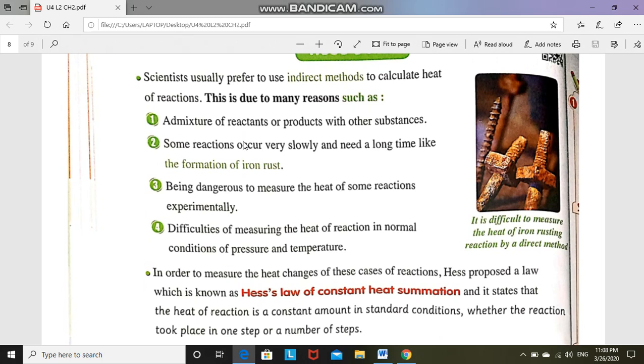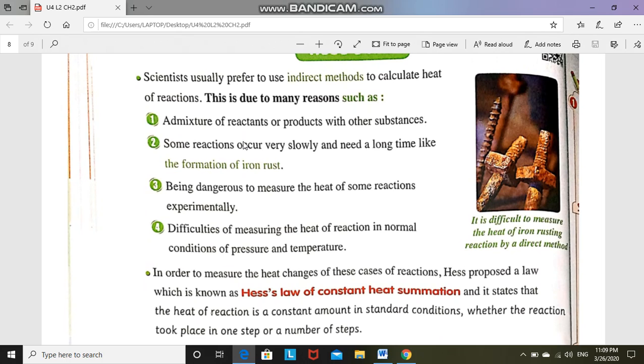Hess's law means constant heat summation, making the reaction in isolated conditions. Here we have a mixture of reactant and product. Some reactions happen slowly, like the oxidation of iron, or iron rust. It takes a long time.